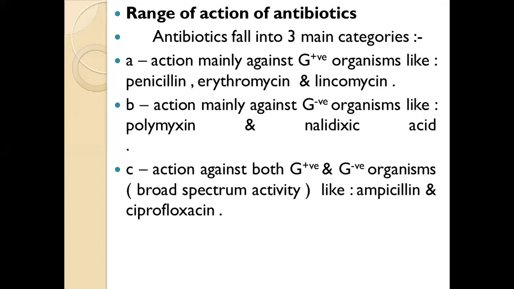So an antibiotic may act against gram-positive organisms only, like penicillin, erythromycin, and vancomycin, or act mainly against gram-negative organisms, such as polymyxin and nalidixic acid. Or the antibiotic is able to kill or inhibit the growth of both gram-positive and gram-negative organisms. This is called broad spectrum antibiotics, like ampicillin and ciprofloxacin.